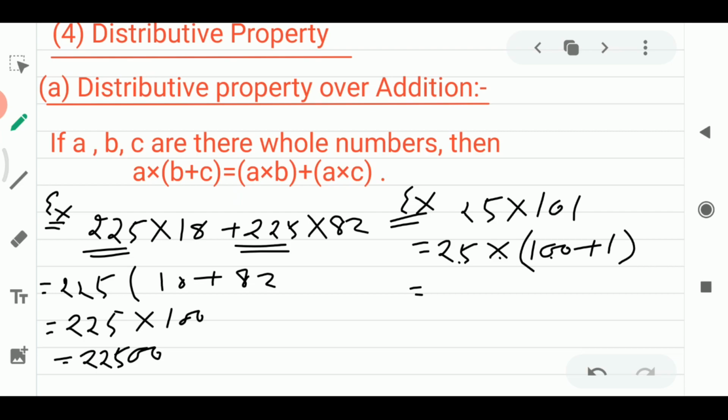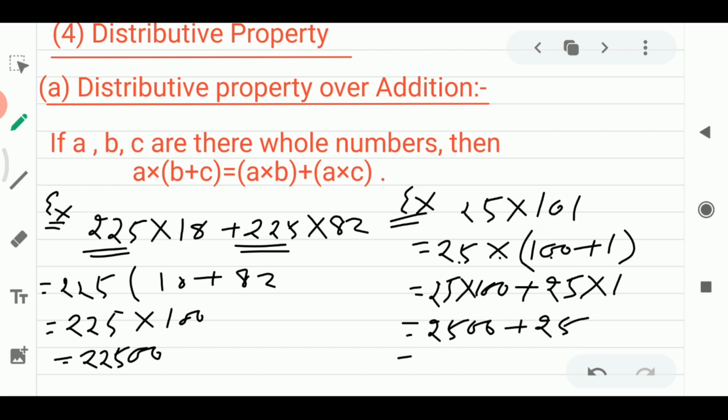So A into B means 25 into 100 plus A into C, A into C means 25 into 1. Now 25 into 100 is 2500 plus 25 into 1 is 25. Now it is 2525. This is called distributive property over addition.